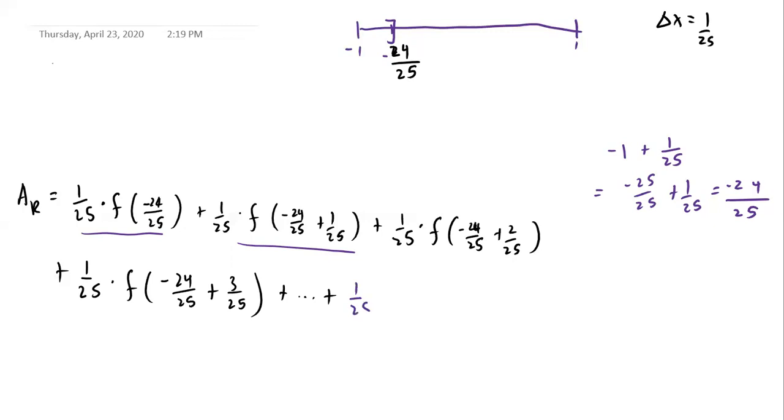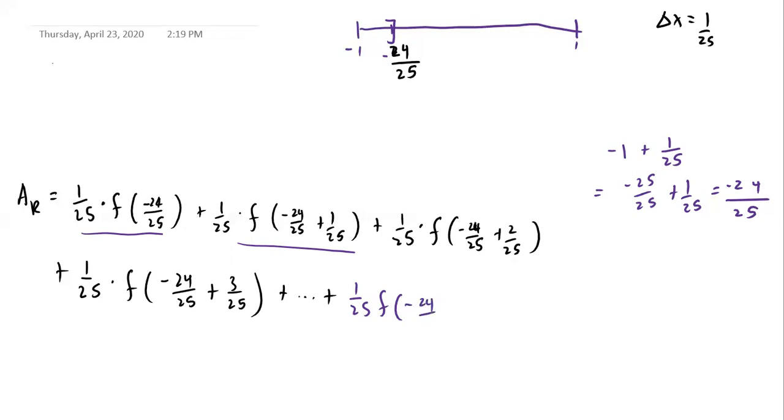So if we want to get all the way to the end, we're going to do 1 over 25 f of, well, how many 1 over 25s did we add? Well, we need to add 1 over 25 49 times as before, right? Because for the first term, we don't add anything. And then we need to add 49 terms. In each of them, we're adding 1 over 25.